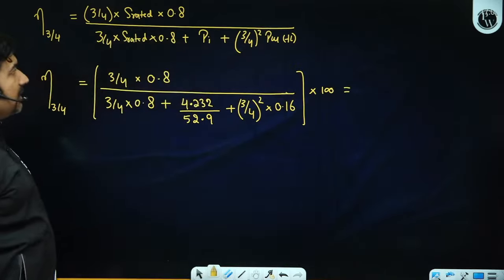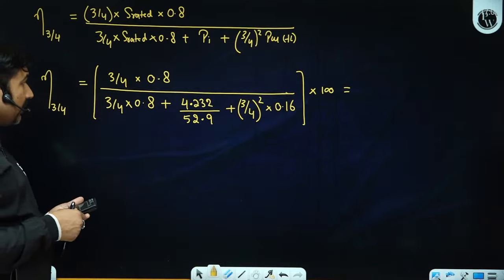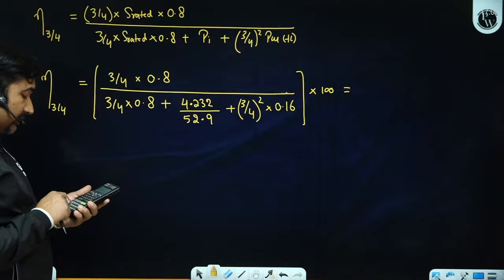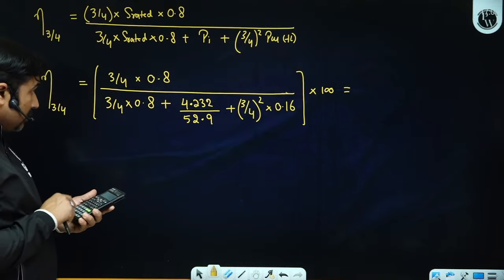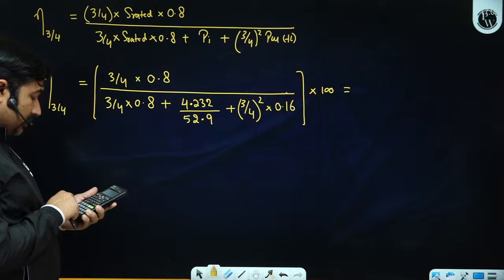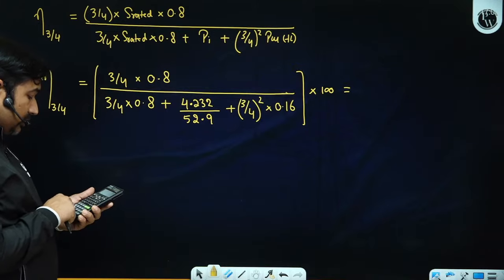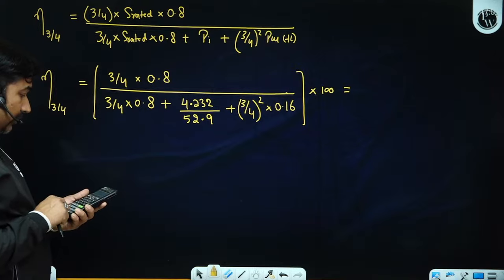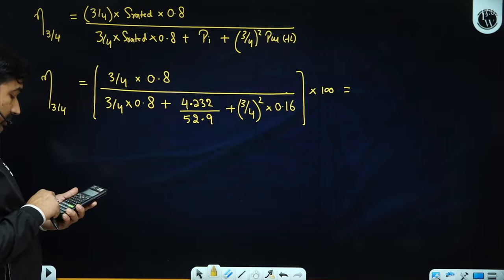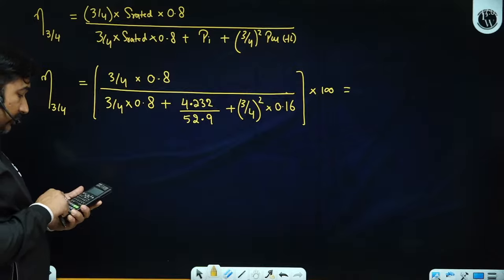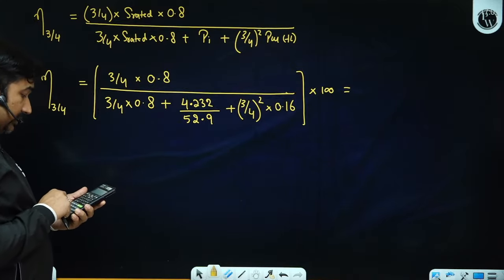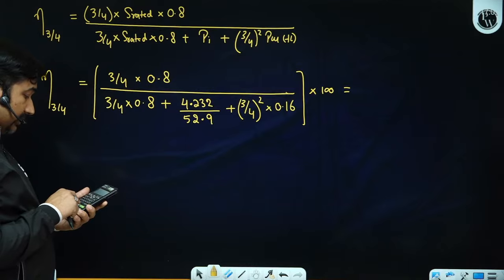I have just divided S rated on both numerator and denominator. Okay, so 0.75 square into 0.16 plus 4.232 by 52.9 plus 0.75 into 0.8, 0.75 into 0.8 divided by answer.